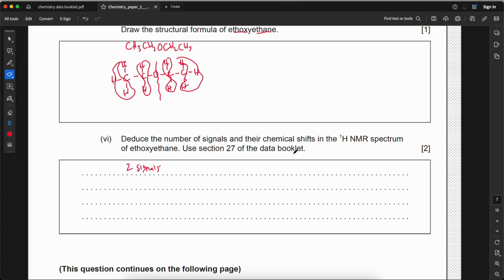And then for their chemical shift, CH3 would be 0.9 to 1 ppm, and for CH2 would be 3.3 to 3.7 ppm.